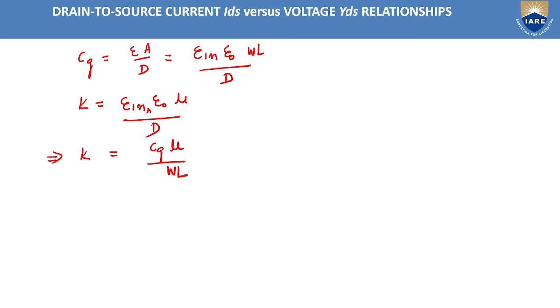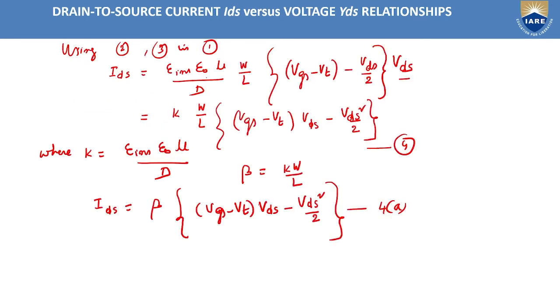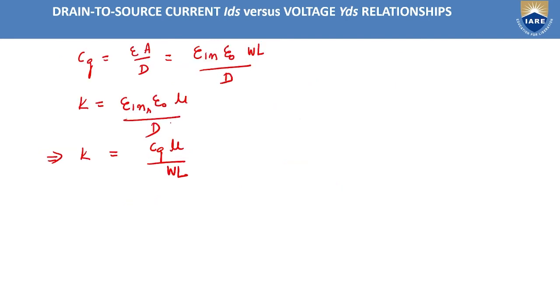We have already derived the relationship between IDS and VDS using K here. So now in place of K, if you write CG mu by WL, then we are going to get the relationships using CG. So let us do that.